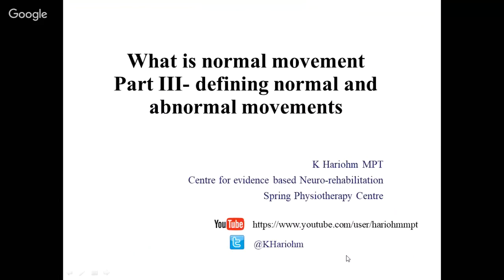This is the third and the last part of what is normal movement. In this part, we will try to define what is normal movement. In the first part, we saw what are the characters of the normal movement, and we saw that the characters of the normal movement are variability. They change according to the environment.